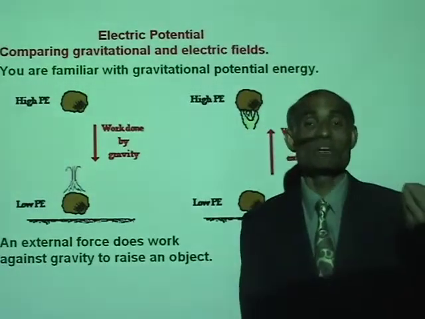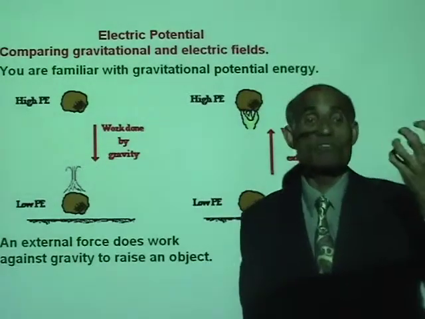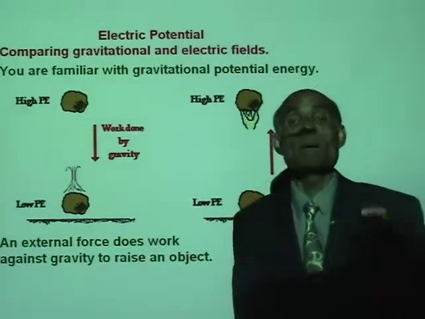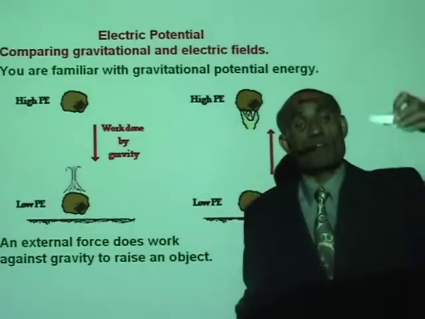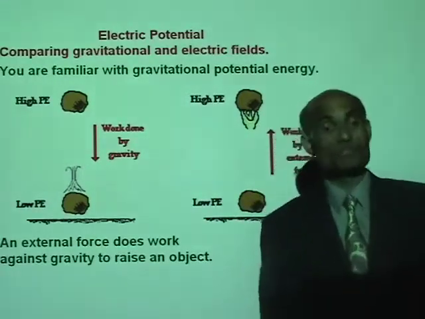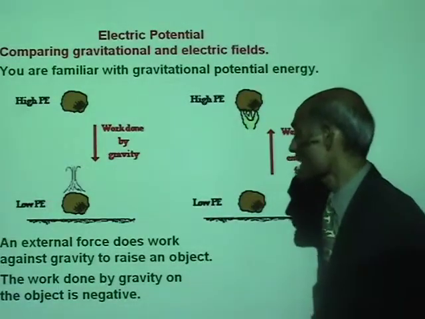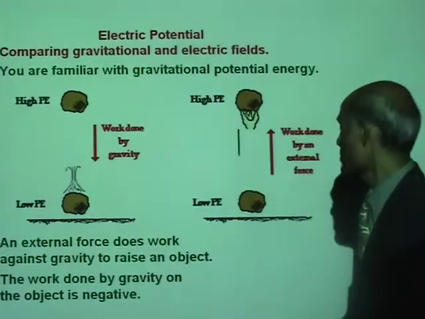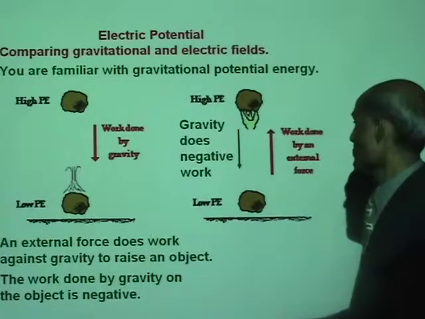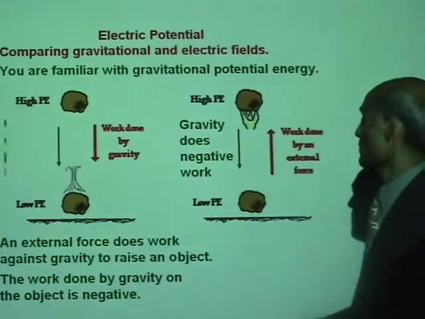A very simple idea. So a gravitational field always makes things move from a high potential to a low potential. The work done by gravity on the object is negative. There you are. Gravity does negative work.